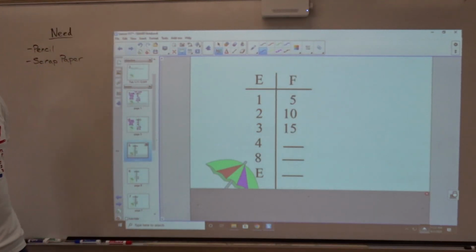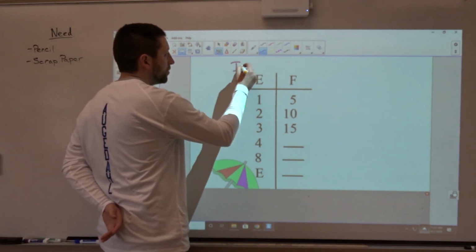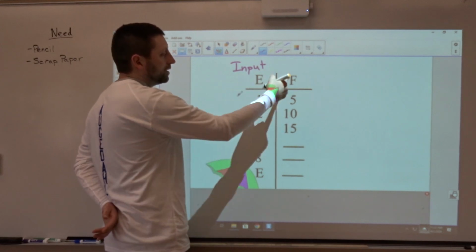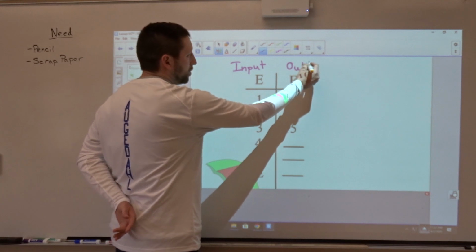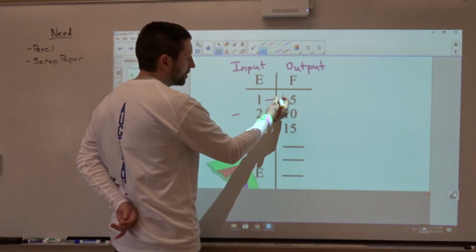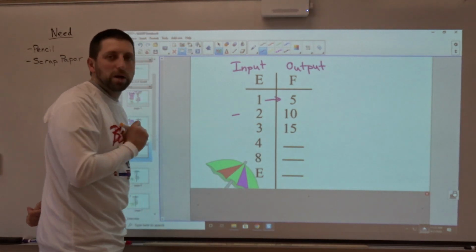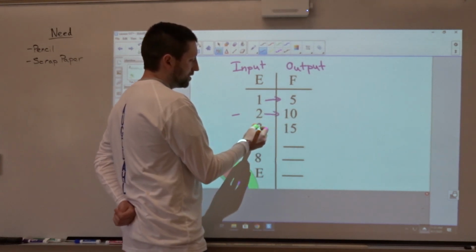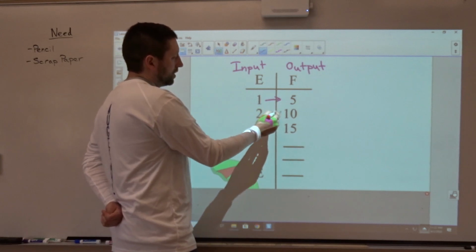Let's try this one. I have E and F. Here is my, remember, input. The number I'm putting in. The number that I'm getting out is called the output. Okay, so as I go from this number to this number, it is getting bigger, it's increasing. I go from this number to this number, it is increasing.